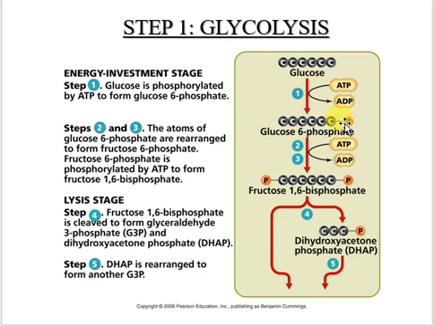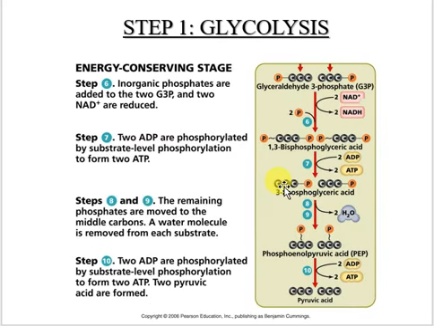And then again, you have to have ATP invested in order to allow for the creation of this molecule. From here, we go into the energy conserving stage, right, which is the second phase. It's the energy payoff. So this half of glycolysis extracts ATP and high energy electrons from hydrogen atoms and attaches them to NAD+.